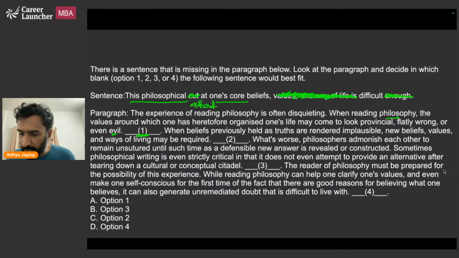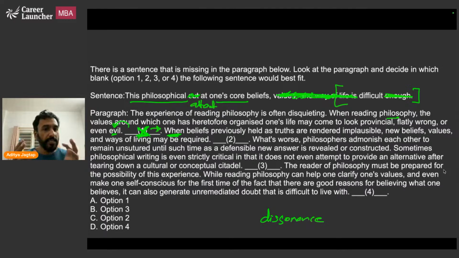Now let's refer to this as sentence X. The problem that sentence X will face if it goes here is not in the sentence prior much, but in the sentence after. The sentence after is saying new beliefs, values, and ways of living would be required, right? Nothing here talks of new values and ways of living being required, right? So there's some disconnect, some kind of dissonance. Dissonance means there is some kind of incorrect fit.